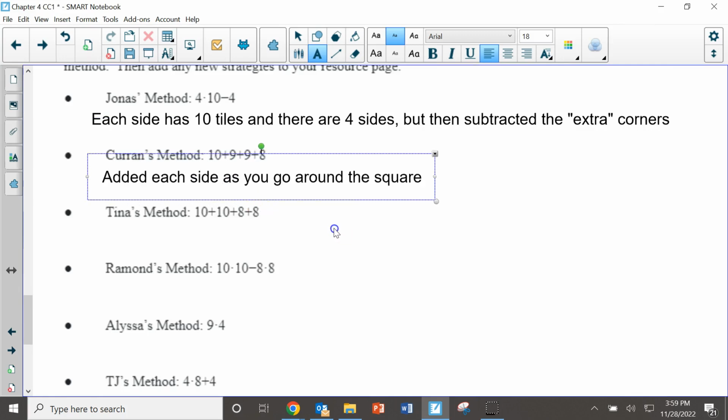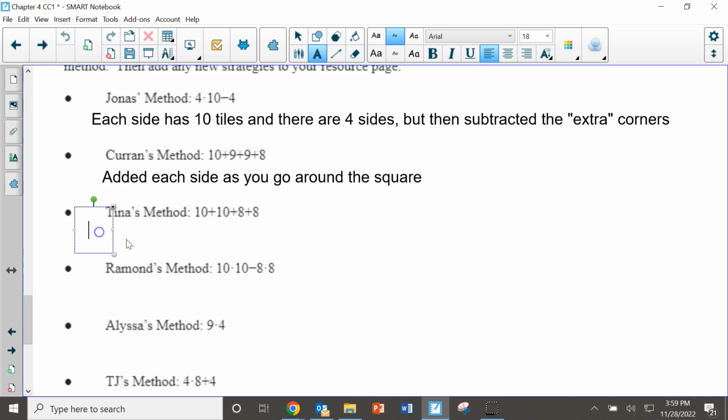So for Curran's, I put, he added each side as you went around the square, because you started with 10 and then the next, if I kept going, there was only 9 left, and then 9 left, and then there would be that 8.